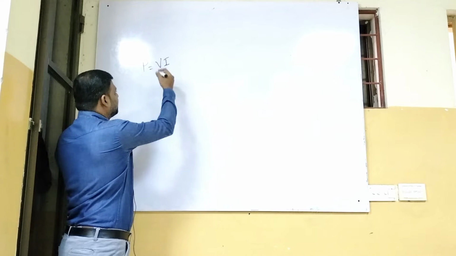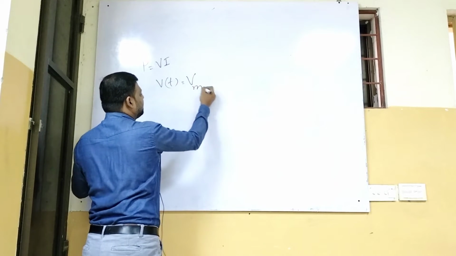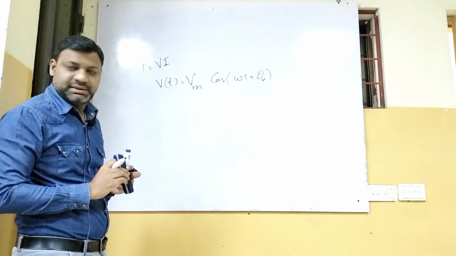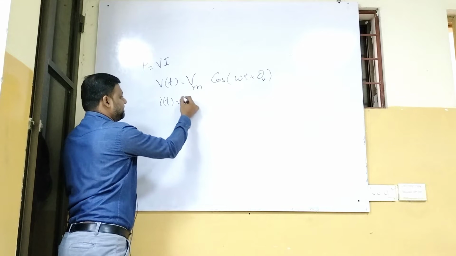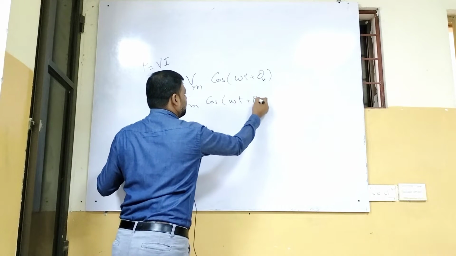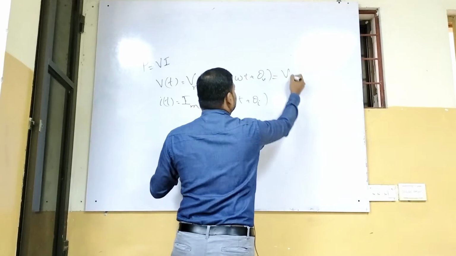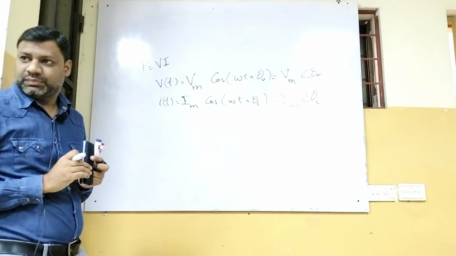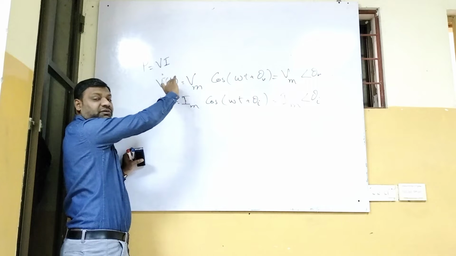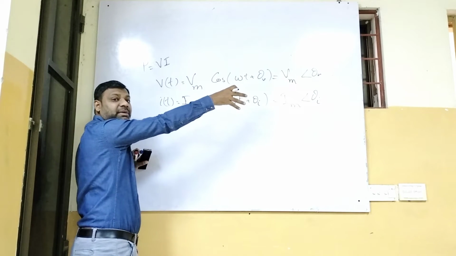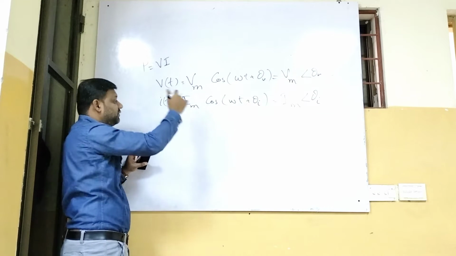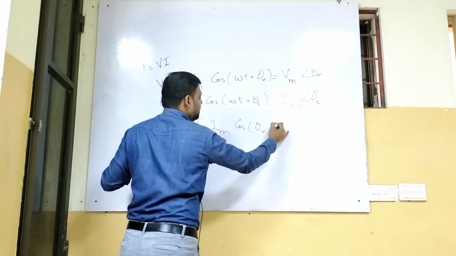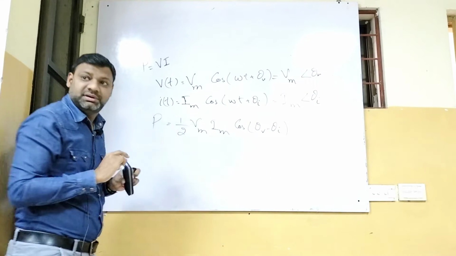So if we have a signal which has a maximum magnitude, and their respective phasor forms, then for the average power, first of all we find the instantaneous power, and we get cosine multiplied by cosine, and that gives us the half, when we solve that by using an identity. That's our power.